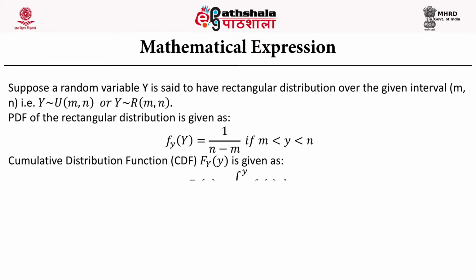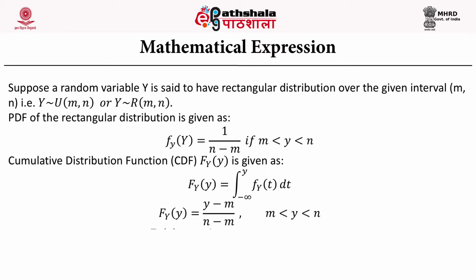The PDF of the rectangular distribution is given as f of Y equal to 1 upon n minus m, and Y lies between m and n. The cumulative distribution function F of Y is the integral from minus infinity to y of f of t dt. So F of y is y minus m upon n minus m, where y lies between m and n, and F of y is equal to 1 where y is greater than or equal to n.